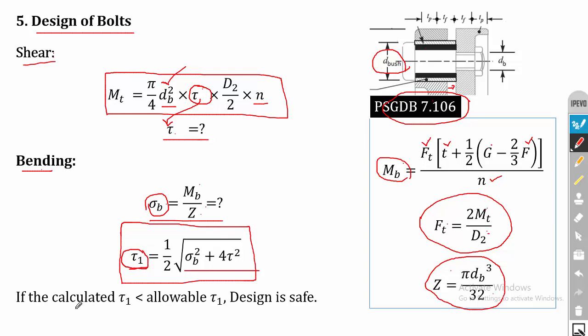Now if the calculated tau 1, that is the combined shear stress, is less than the allowable tau 1, then the design is safe. If the design is not safe, then you have to increase the diameter of the bolt. Remember that the diameter of bolt step in the flexible flange coupling is very, very important.